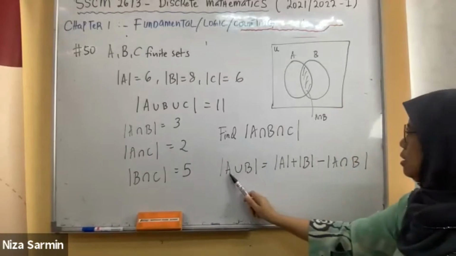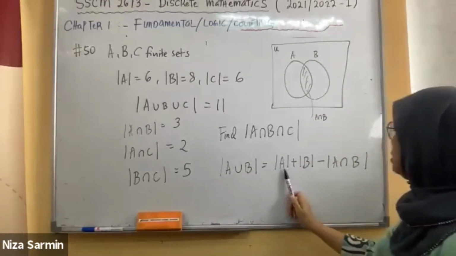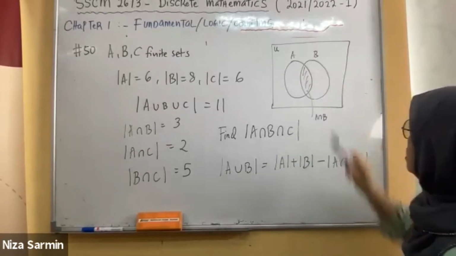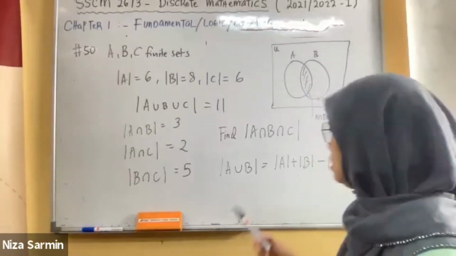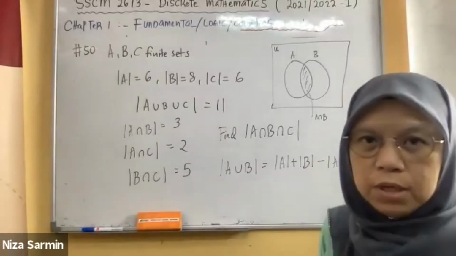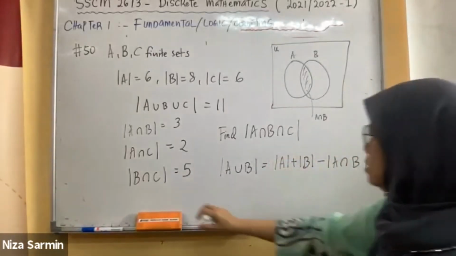So the A union B is just inside here, right? If you take A and then you take B, meaning you have added the intersection twice. That's why we subtract once to get just one copy of this one, right? Okay, that is how you get this.